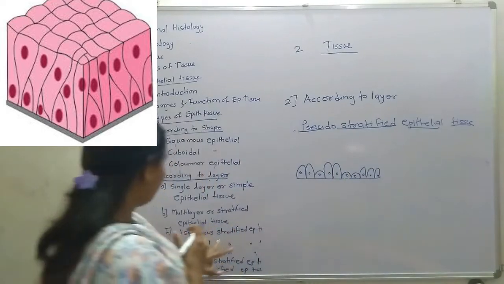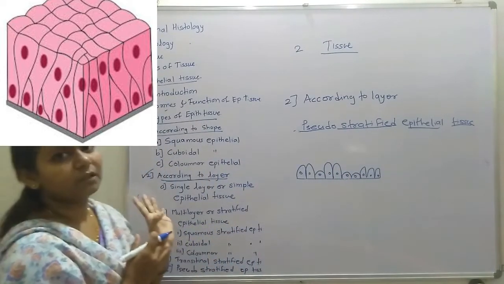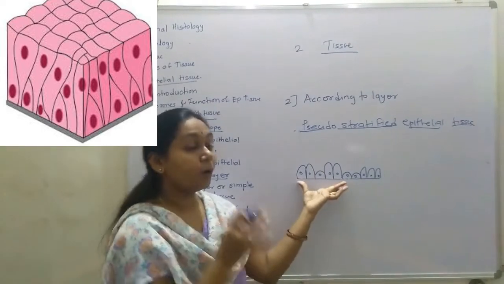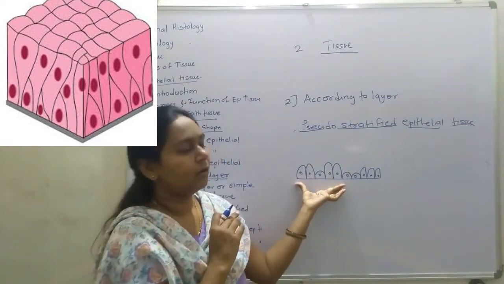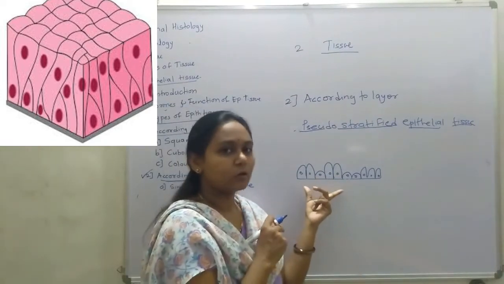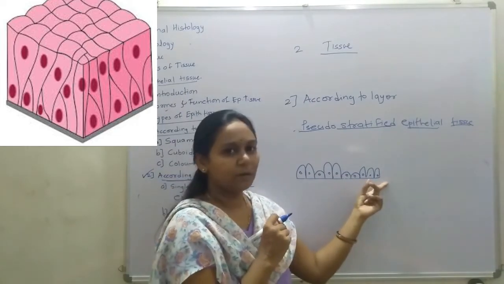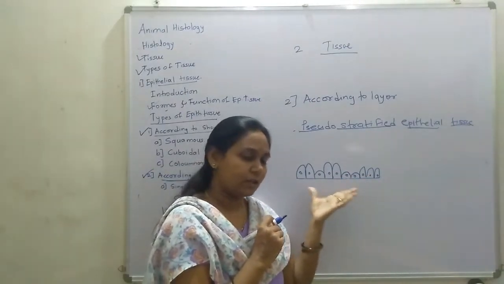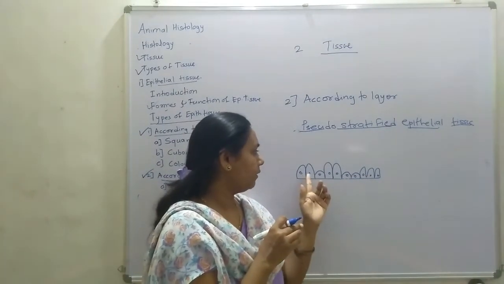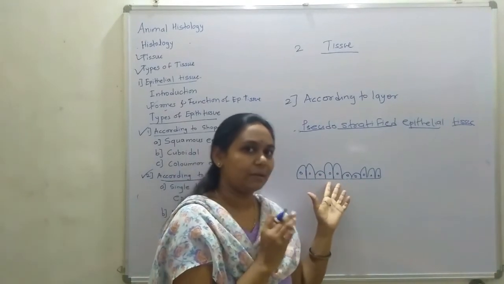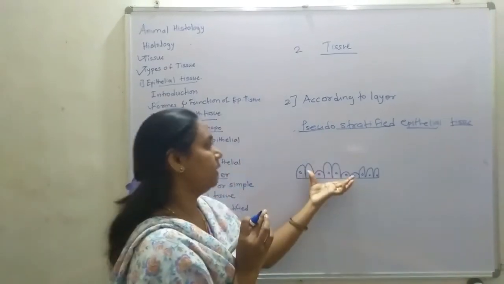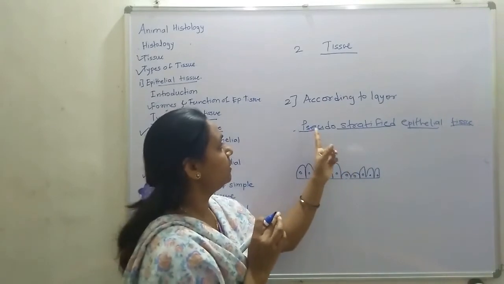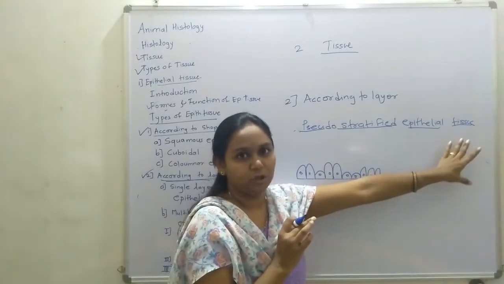Different means the columnar or the squamous epithelial tissue. But when you visualize in the microscope, it is a single basement membrane, single layered cell which is arranged on the basement membrane, but it looks like stratified. Then this type of layer of the cells is called the pseudo-stratified epithelial tissue.